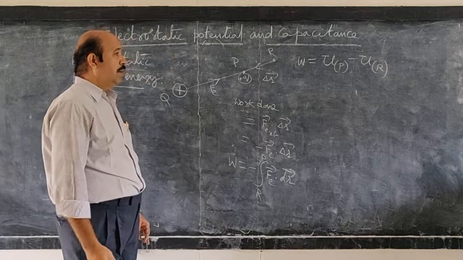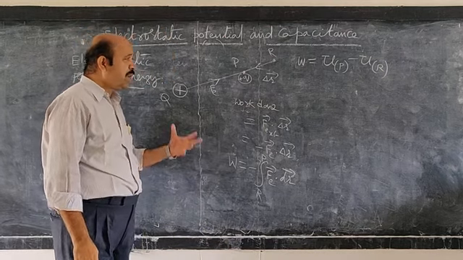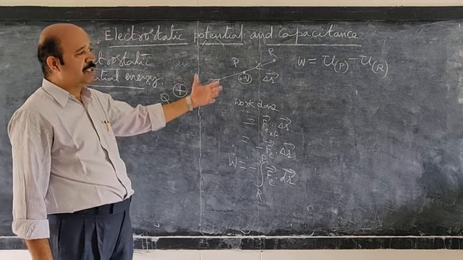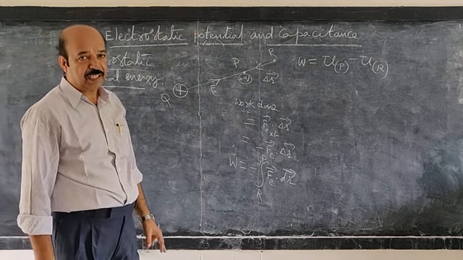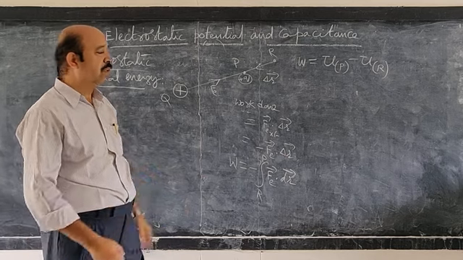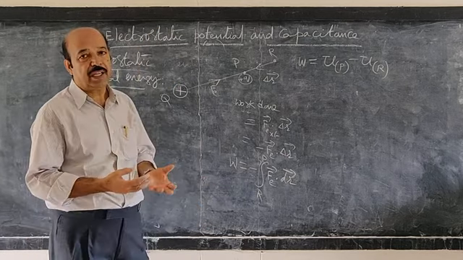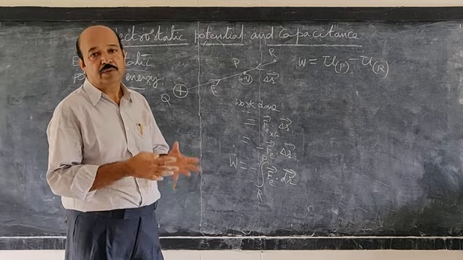Suppose you are bringing this charge from a point at infinite distance, where there is no electric field. At that point you may take the potential energy of the charge to be 0.